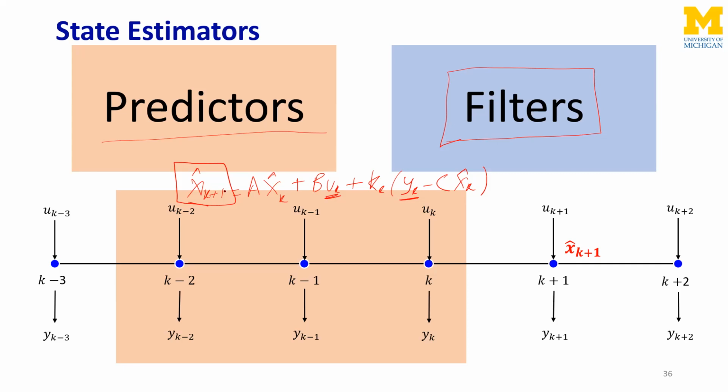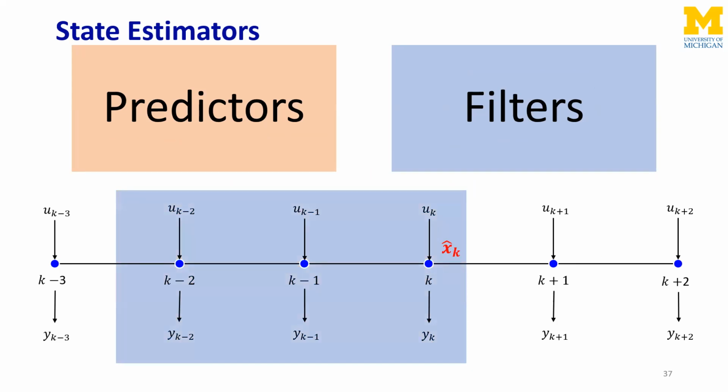And I showed you how to construct an optimal predictor today. In the next lecture, we'll talk about filters. Now, what are filters? Filters are using the input data and the output data at step K to construct an estimate of the state at step K. This is going to use a very similar idea of the estimator, but the notation is going to be a little different because of the community.